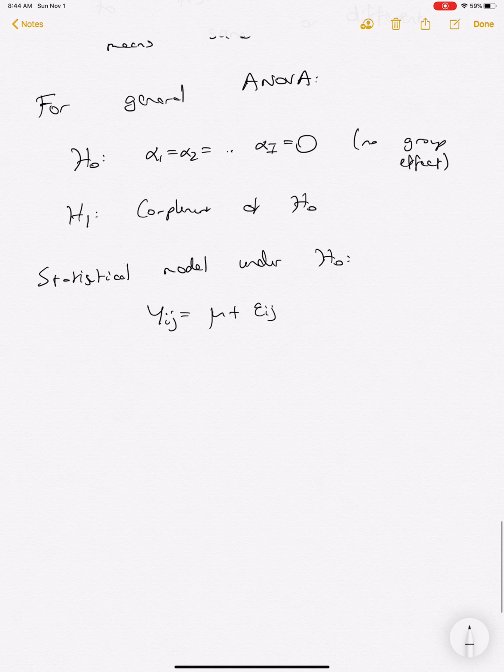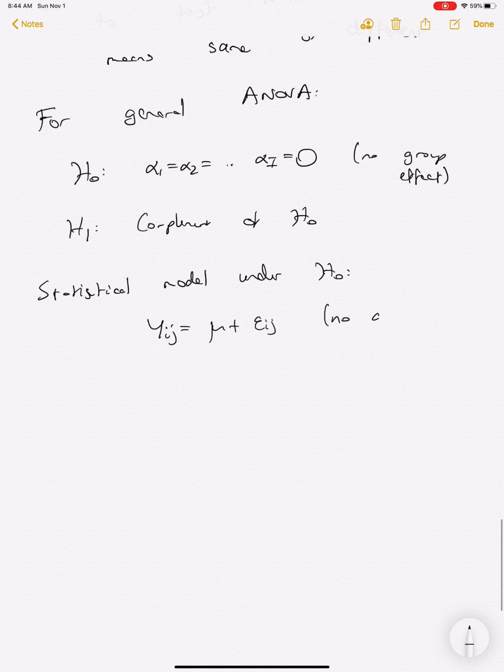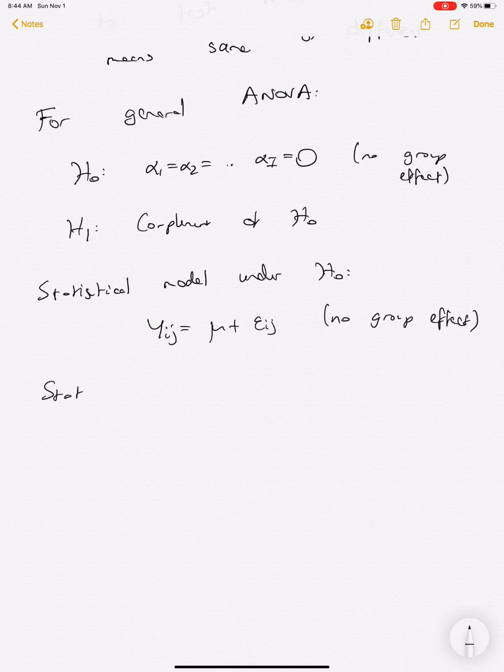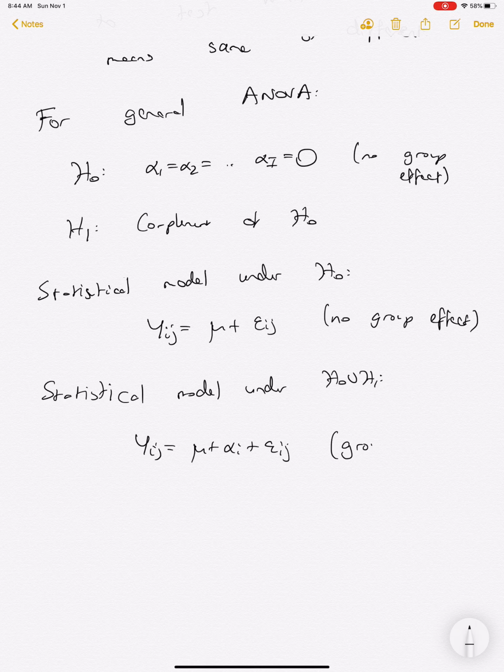So this is like saying there's no group effect. And under H0 union H1, so this is a group effect.